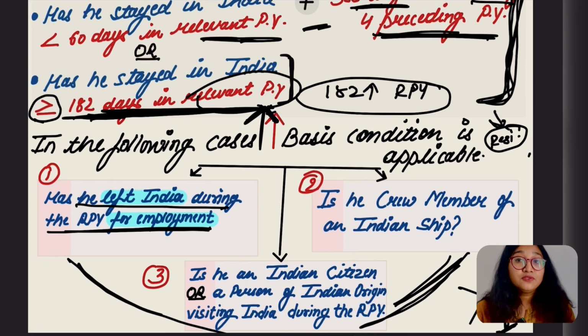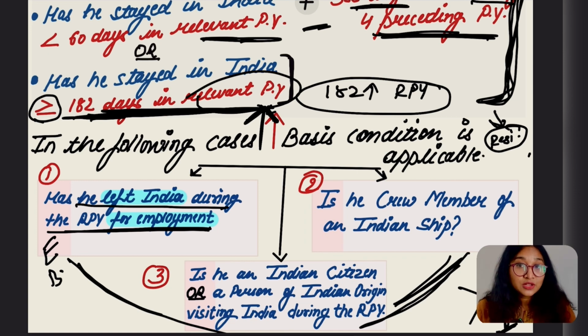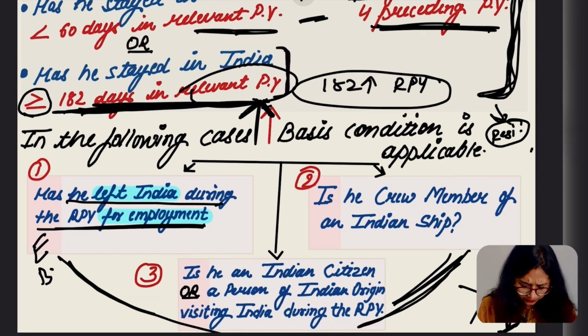If a person left India during the relevant previous year for either employment purpose or business, in that case the basic condition would be more than 182 days in the relevant previous year. He should stay in India for that period. Is it clear? Hope this part was clear.